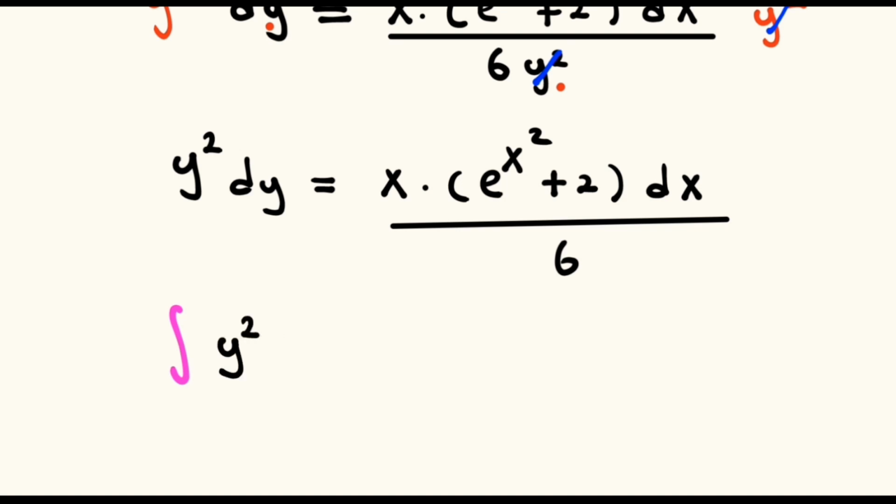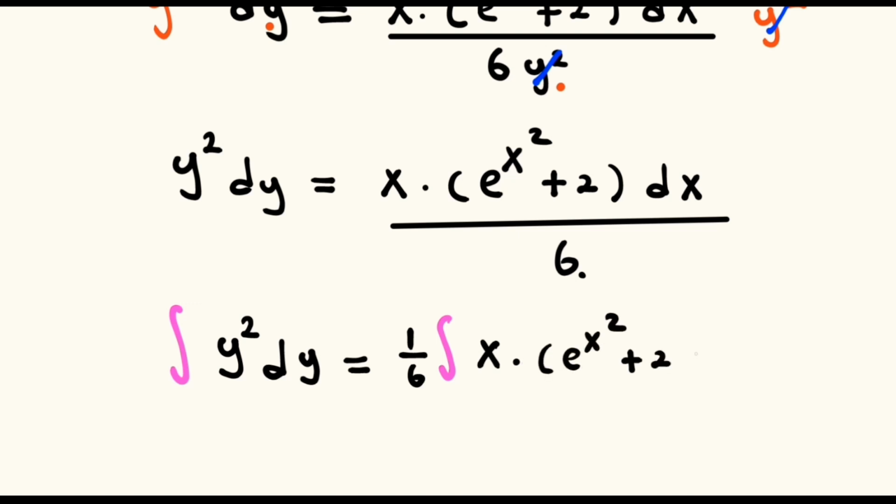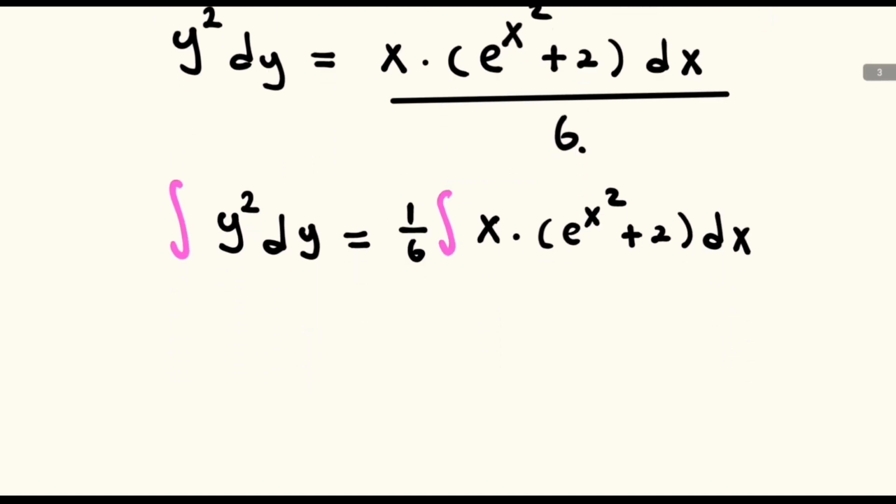So we'll have the integral of y squared dy, which will be equal to the integral of, we can take this 1 over 6 out of the integral, and inside the integral we'll have the integral of x into e raised to the power x squared plus 2 multiplied by the dx.